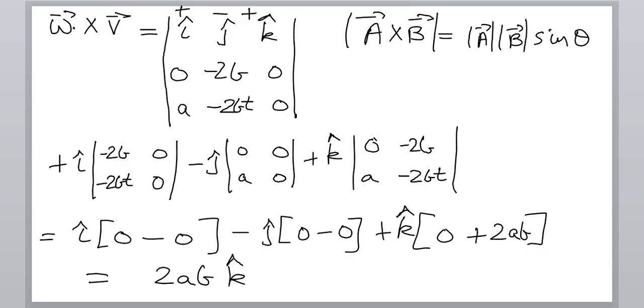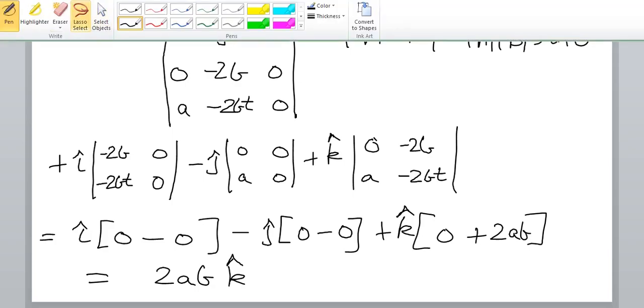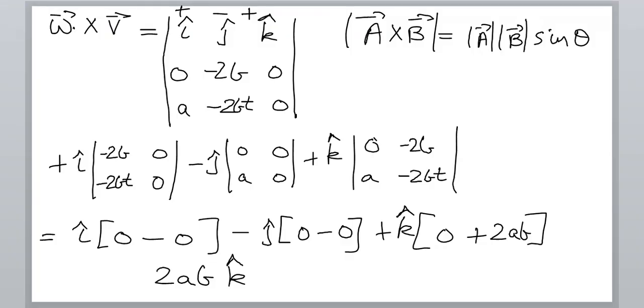So this is the value of w vector cross v vector. But I need the modulus of this. So taking modulus of both sides, I'll get modulus of w vector cross v vector is equal to the modulus of this thing.